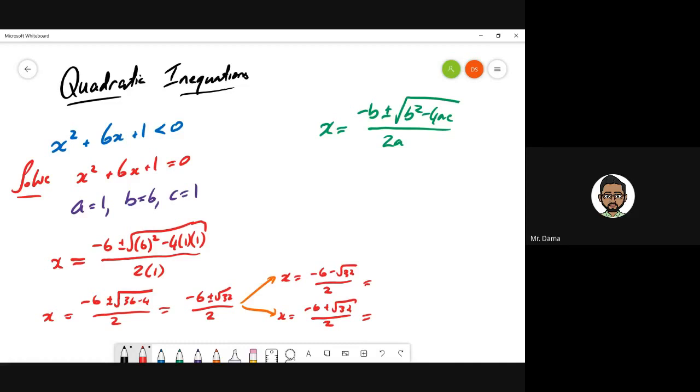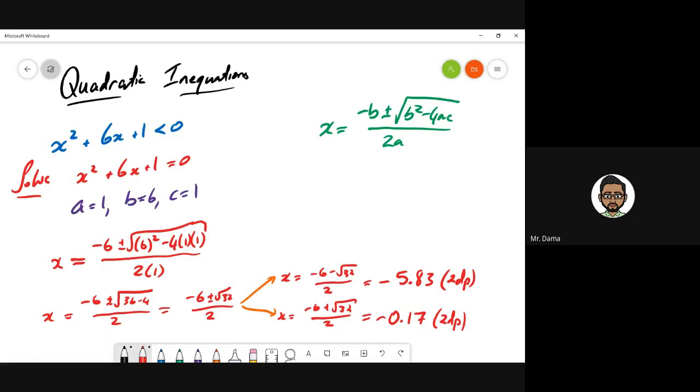So this one here is negative 5.83, and then this one here is negative 1.17. I'm just going to work with 2 decimal places for now.